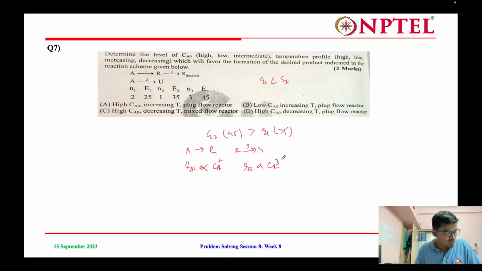So we have to go for the higher CA. The option is high CA, increasing temperature and plug flow reactor.